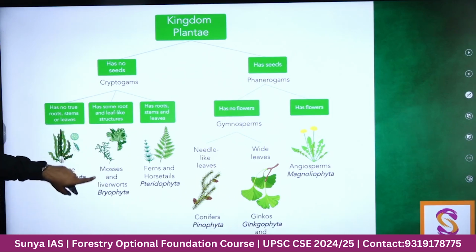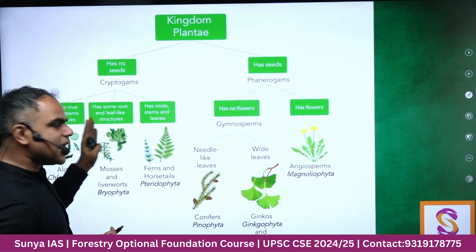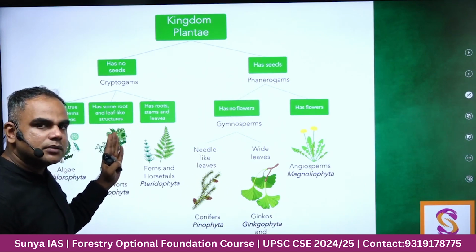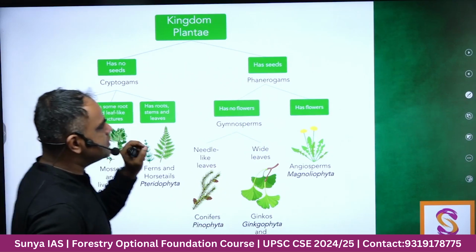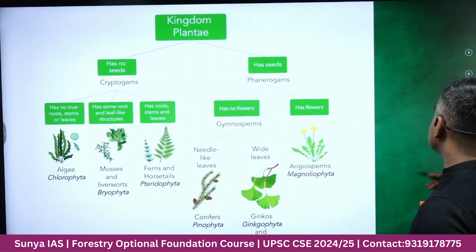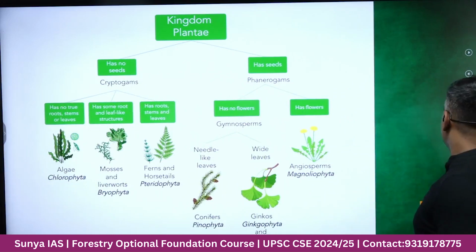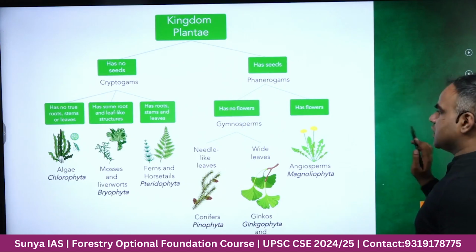Mosses and liverworts have some root and leaf-like structures, so there is slightly better differentiation. Then the third, ferns, have roots, stems and leaves. So this is how it is spoken about.